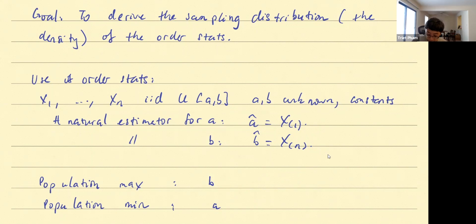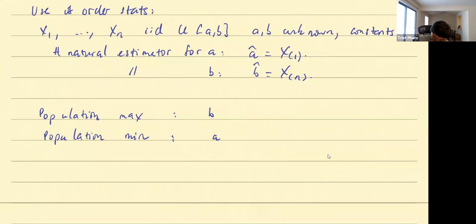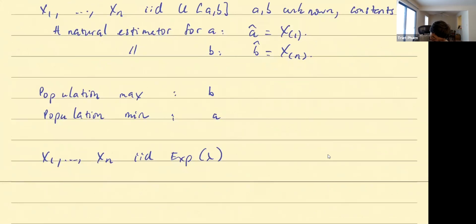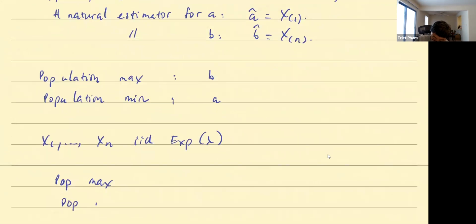I mean, again, it goes without saying, but suppose you have something like this. Let's say IID exponential lambda. What is the population max and population min in this case? If you have exponential distribution, then what's the population max and min?